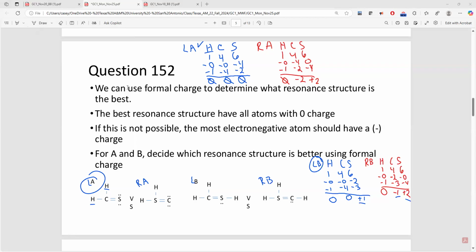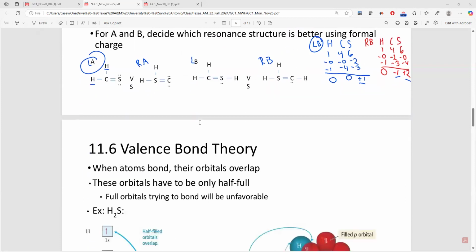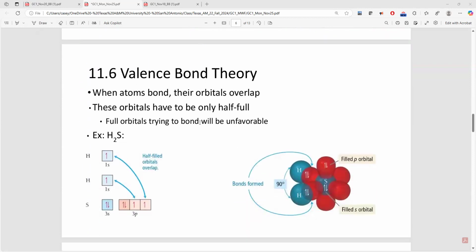All right. So with that, we're going to get into our last topic here. Valence bond theory. How are we making these bonds? And so the first thing we are going to look at is a very simple case, making H2S.